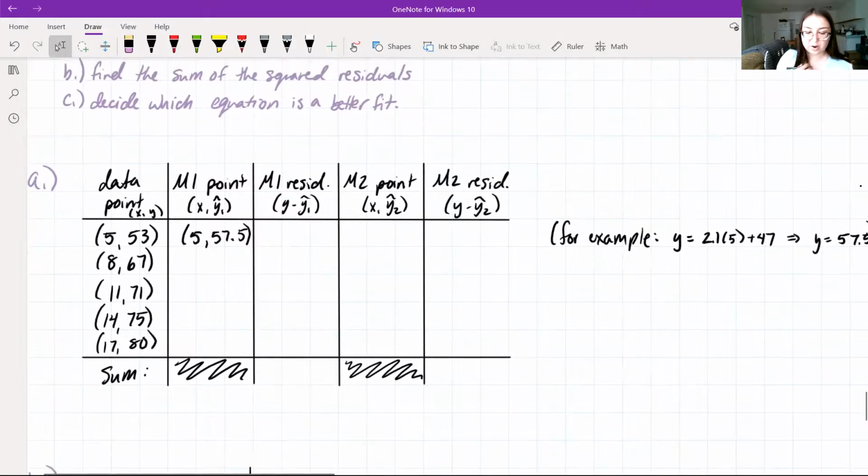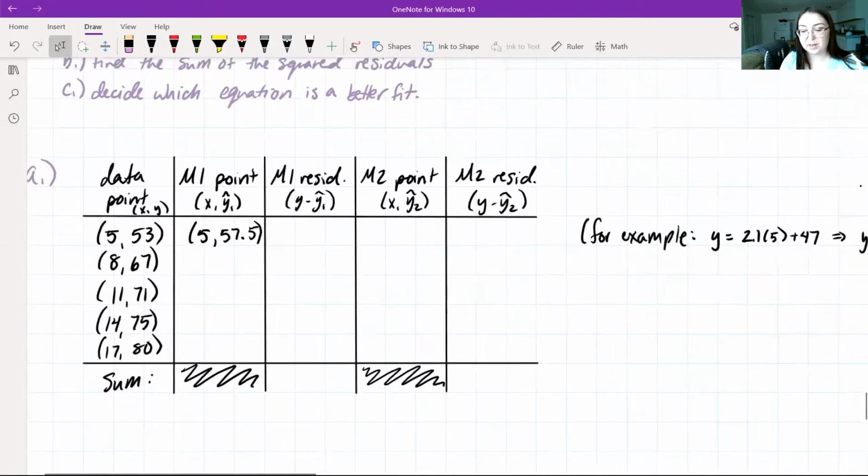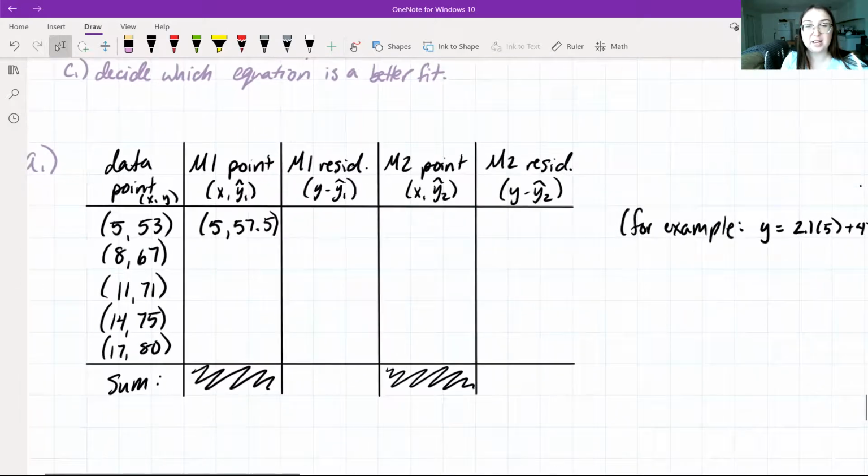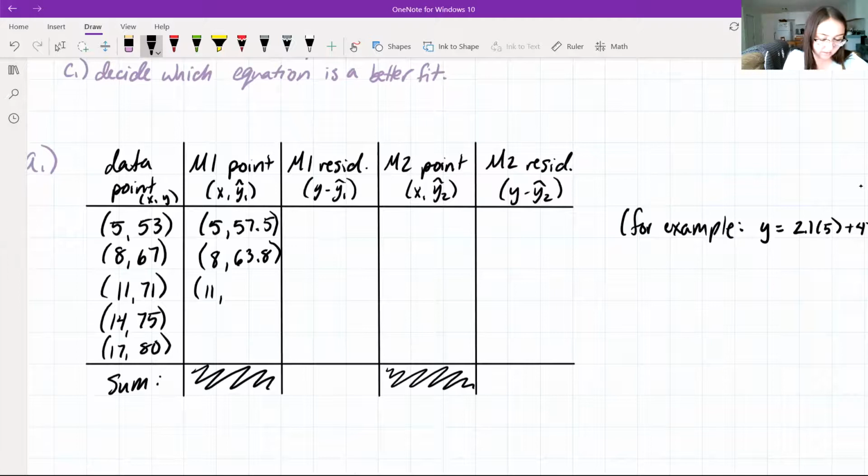Now, if we go on to x equals 8, I strongly encourage you to pause the video after every time we do this and calculate this number on your own. So by using our very first equation, plugging in x equals 8, we're going to get 8 and 63.8 from our first model. Then moving on to x equals 11, we're going to get 11 and 70.1.